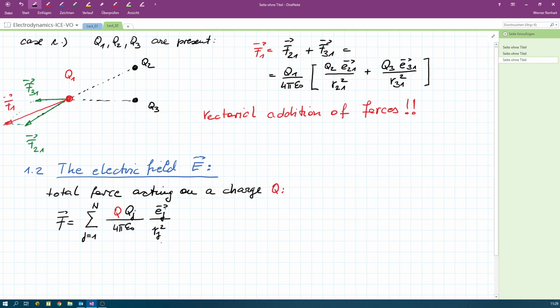So where rj is the separation vector, and we know it already.